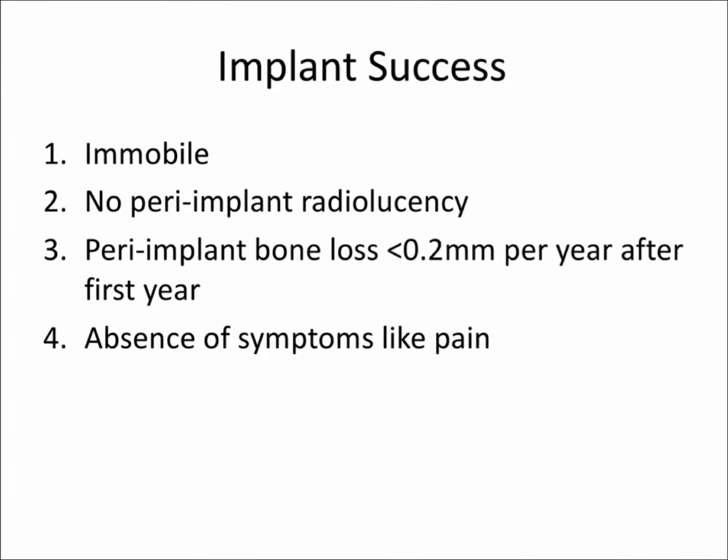And finally, we're going to talk about implant success and implant failure and the features that go along with each of those. So the four main characteristics of implant success are that it's immobile, and we talked about the fibrous integration, having that fibrous layer in between the implant and bone, and how that's not desirable because we want that bone to be fully osseointegrated and immobile. There should be no peri-implant radiolucency.